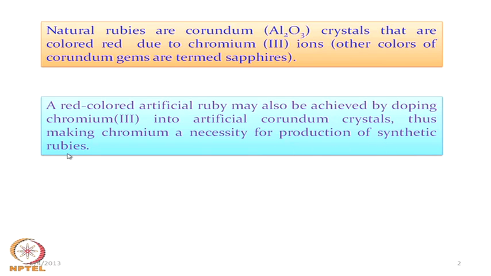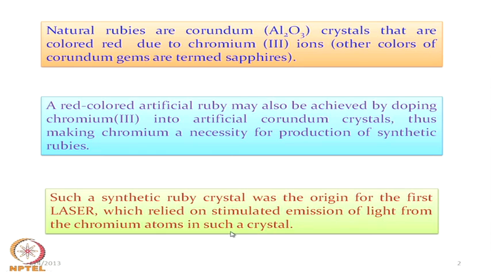We call this the typical procedure for the production of synthetic rubies, because synthetic rubies are very useful for different optical instruments and optical properties. One such synthetic ruby crystal can be utilized for the generation of laser, which is nothing but light amplification by stimulated emission of radiation.